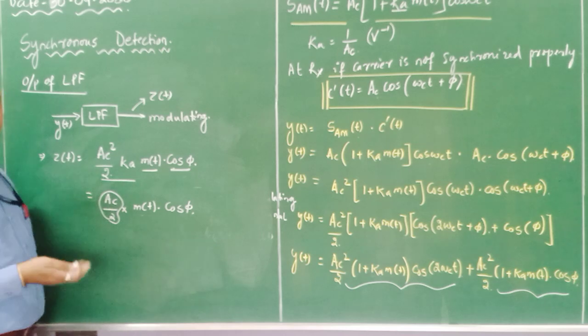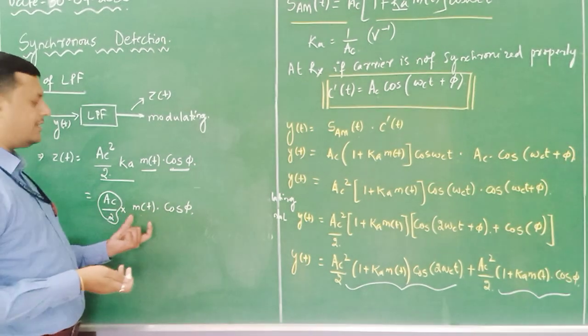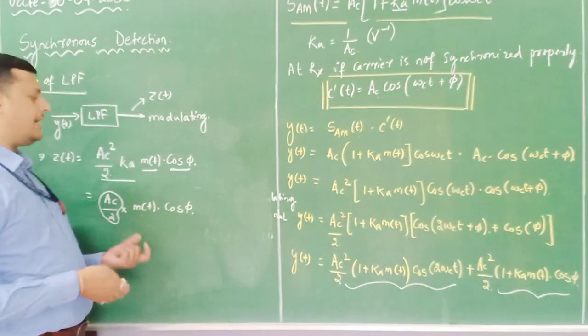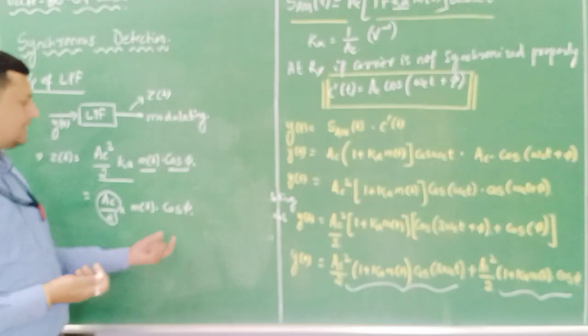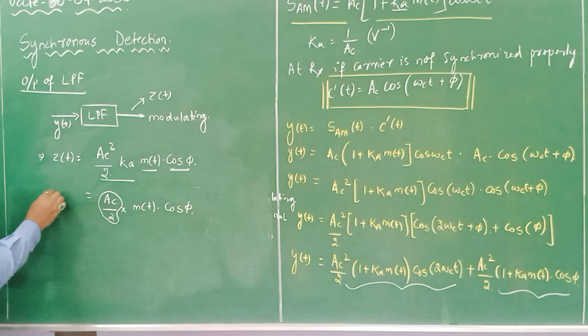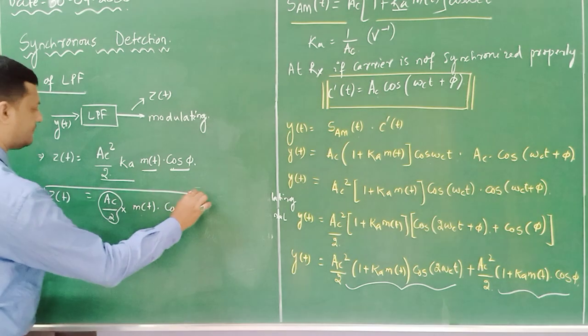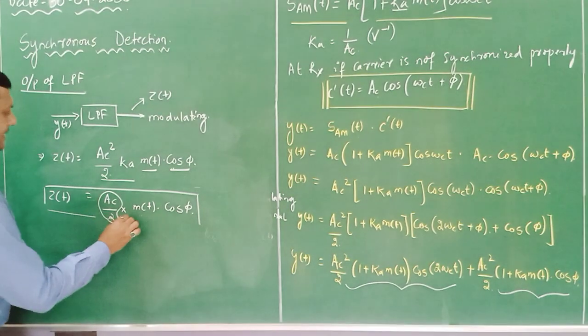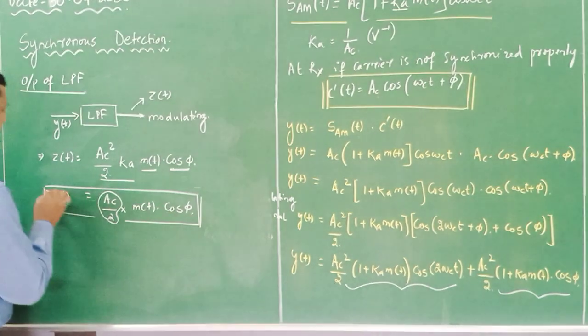AC by 2 is half of the amplitude. The amplitude is multiplied with the modulating signal. Amplitude may increase, may not increase, and cos phi is the output. Now this is the output of the LPF.